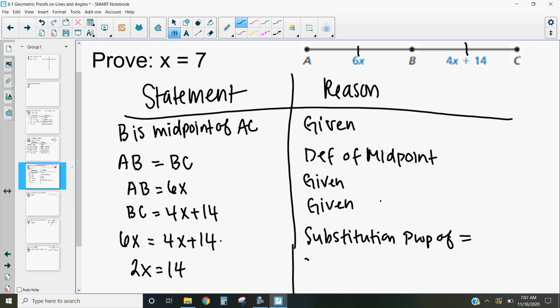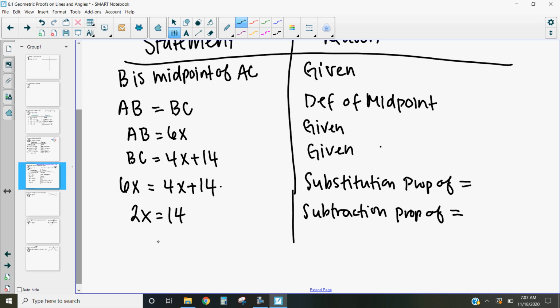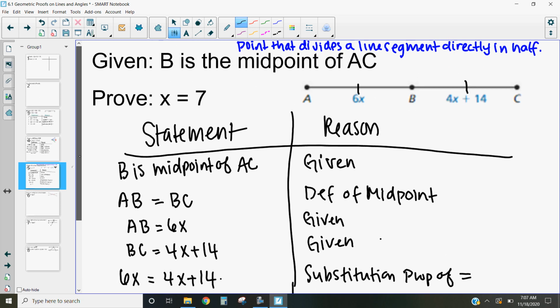And by subtracting 4x from both sides, that is using the subtraction property of equality. And lastly, to get x all by itself, I have to divide both sides by 2, x equals 7, and we can divide both sides by the same number by the division property of equality.